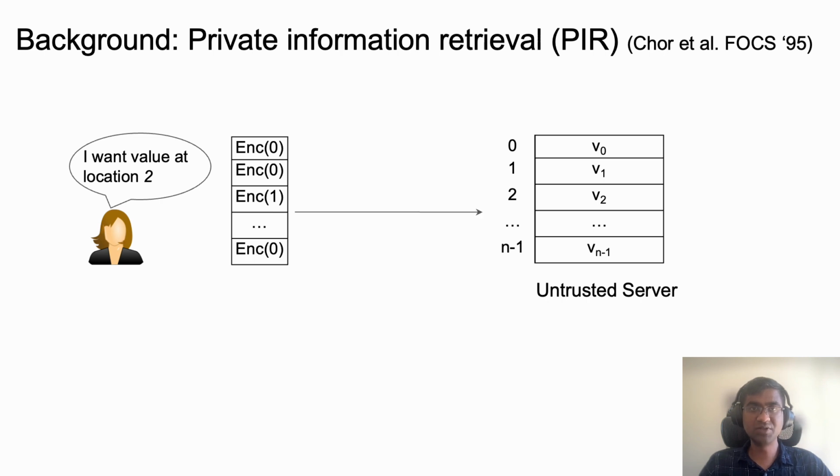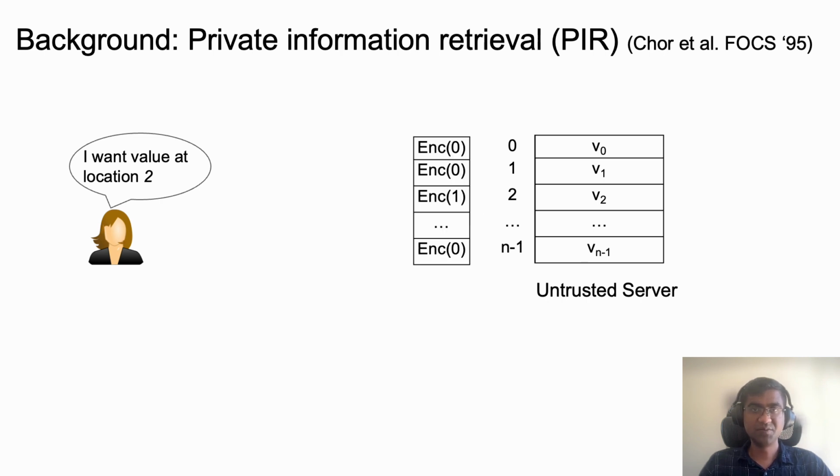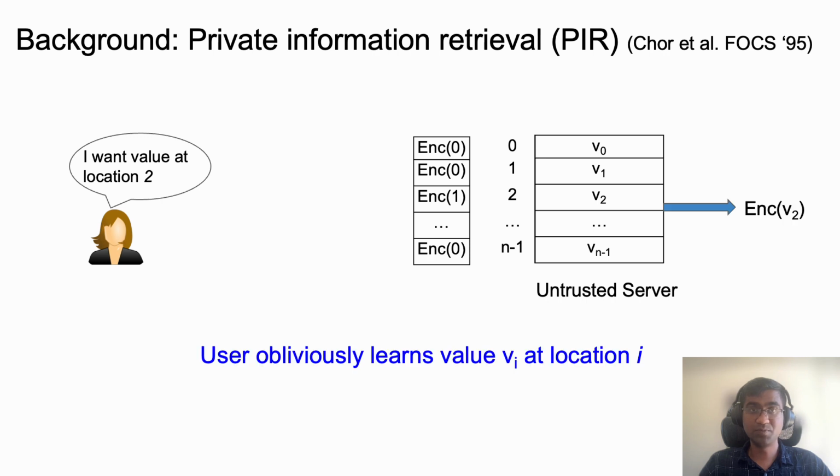The client sends the query to the server. The server performs some operation and produces a response, which is essentially an encryption of the element at the desired index. The server has no idea about the value hidden in the response. The client can decrypt the response and learn the value at the desired index.